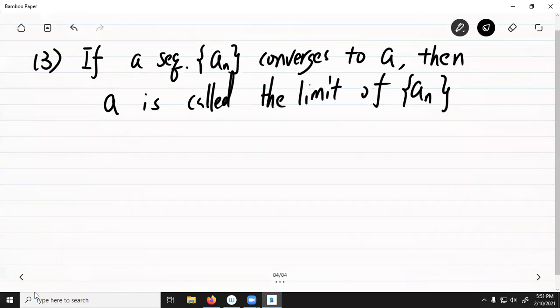We write it as the limit as n approaches infinity of a_n is equal to A. This is just some terminology that we already used in Calculus 2.